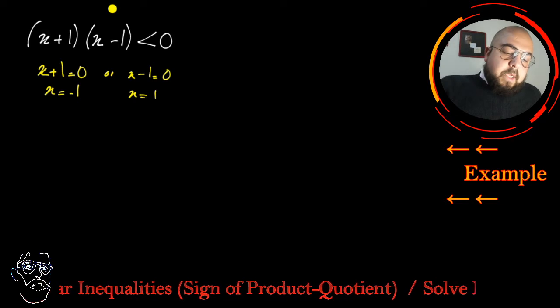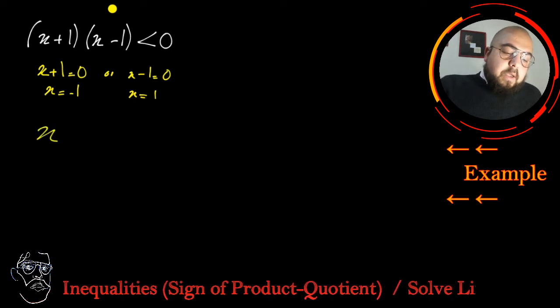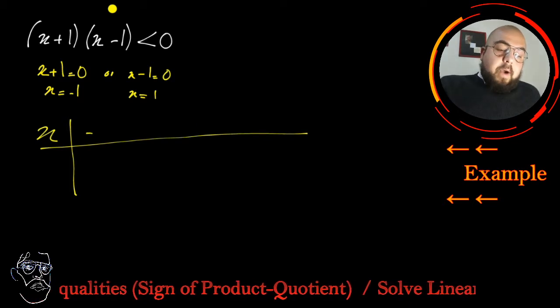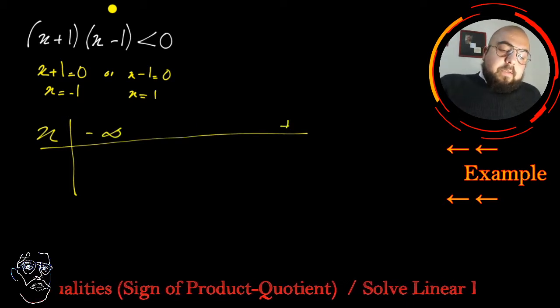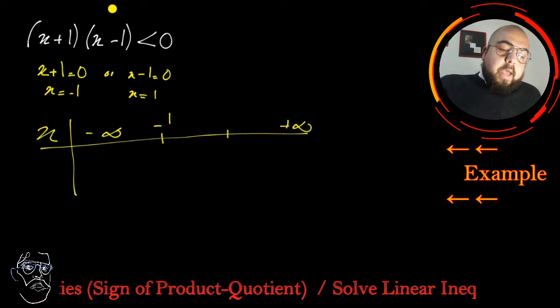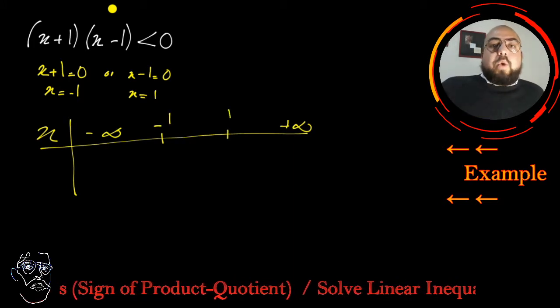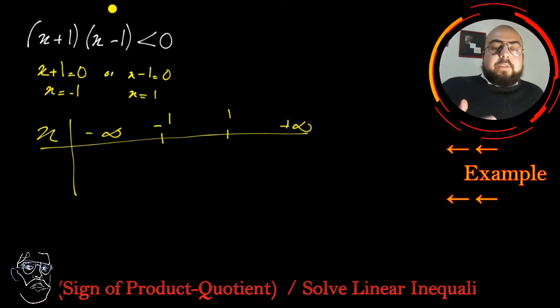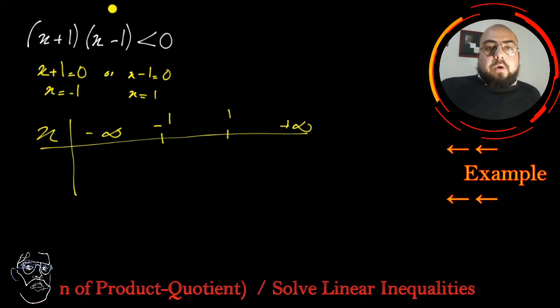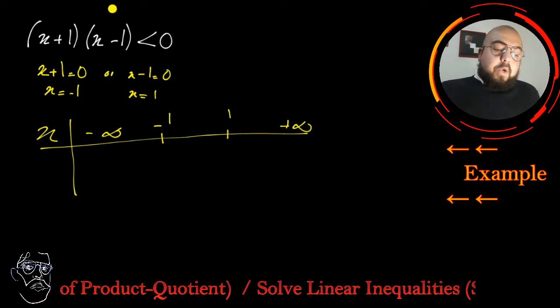Your table of sign will be formed by x going from minus infinity to plus infinity and passing through the values minus 1 and 1. Of course, minus 1 is smaller, that's why it's on the left side, and then 1.